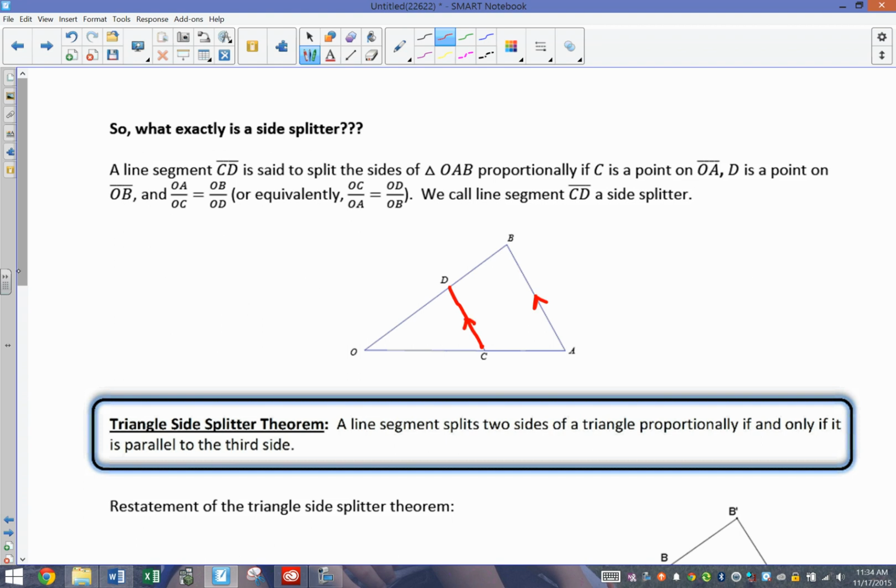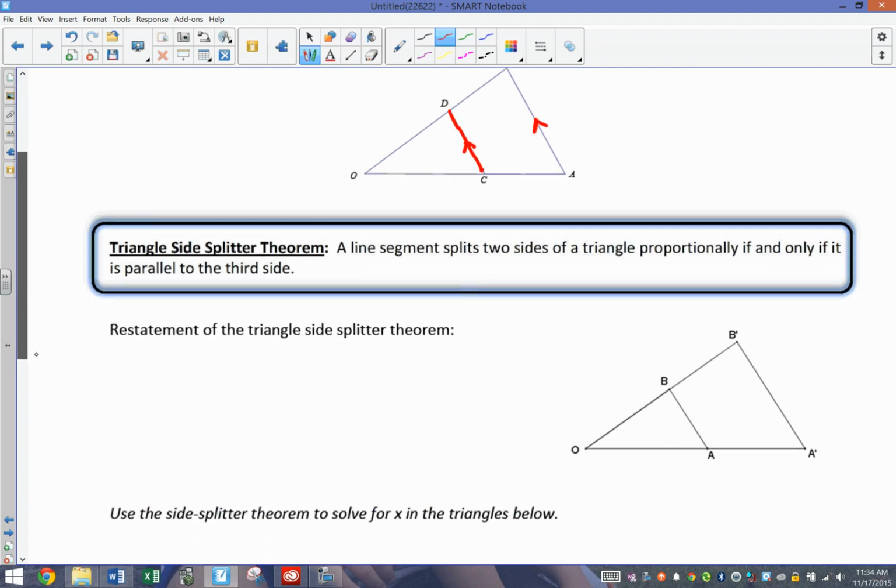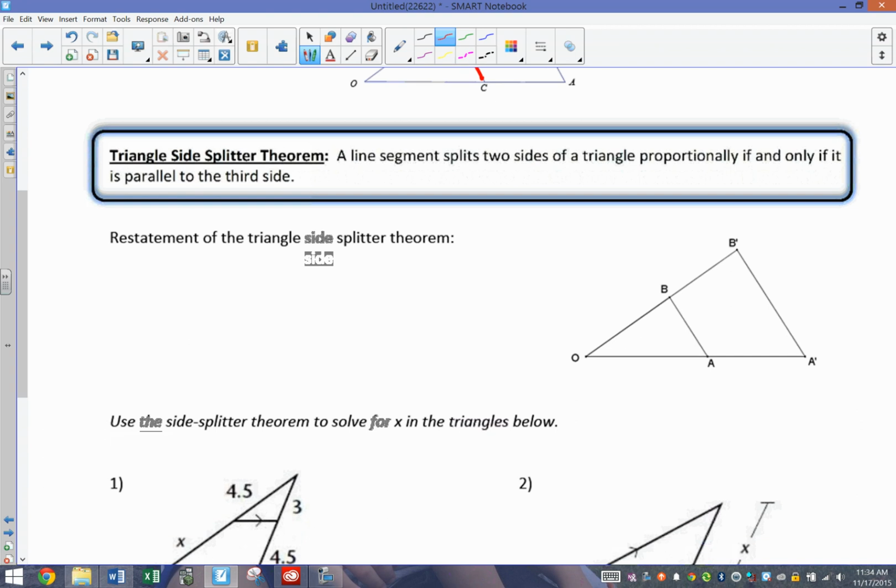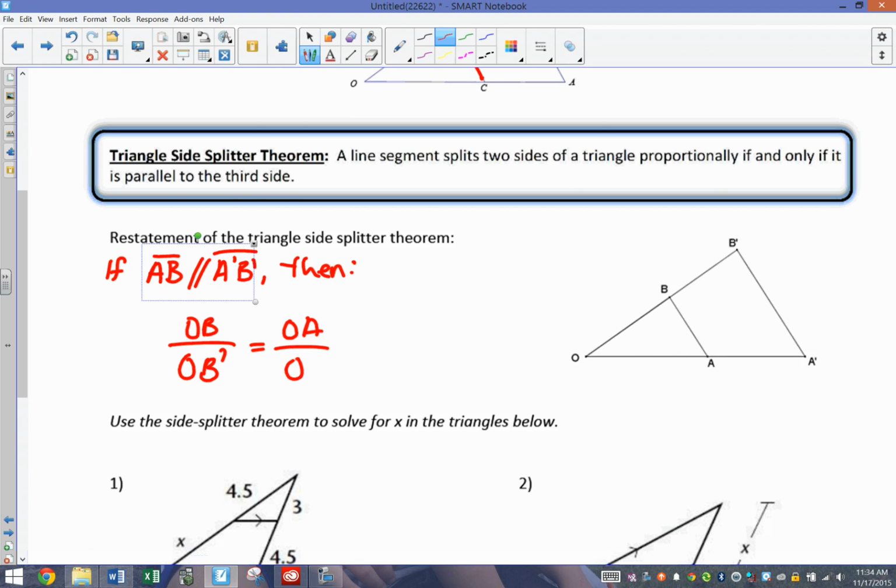All right, and what basically happens, I'm skipping over a lot of these words here so I can really get to the root of what's going on, is that this segment right here splits it up proportionally. So if AB is parallel to A prime B prime, then OB to OB prime is going to equal OA to OA prime.